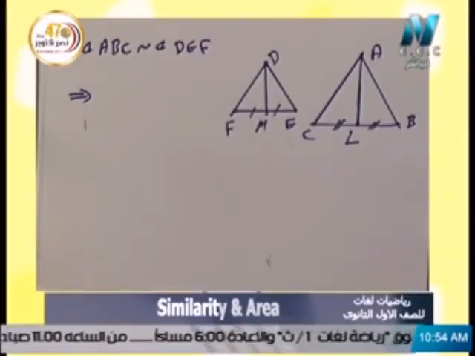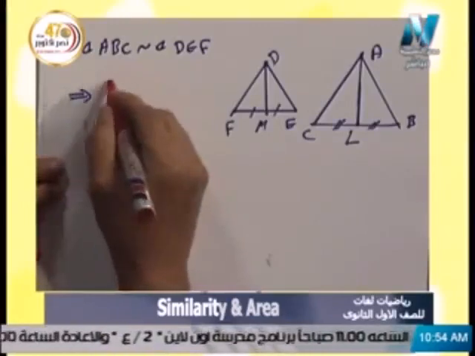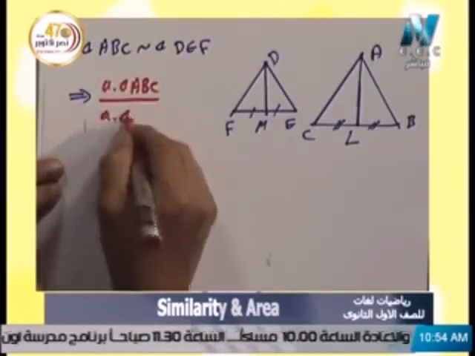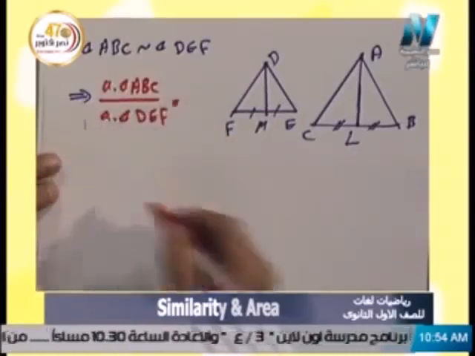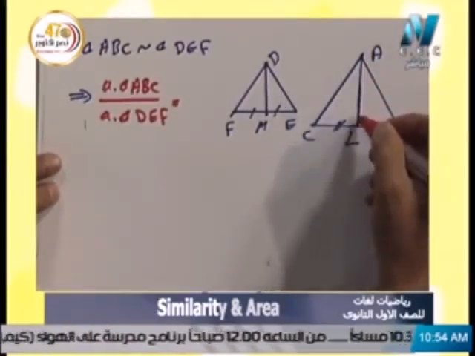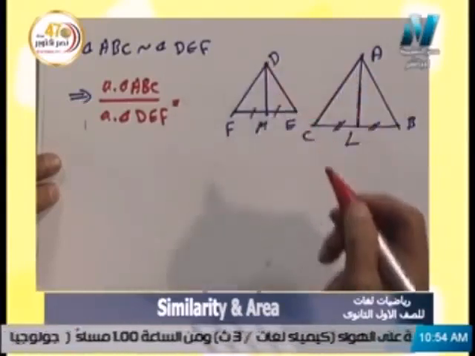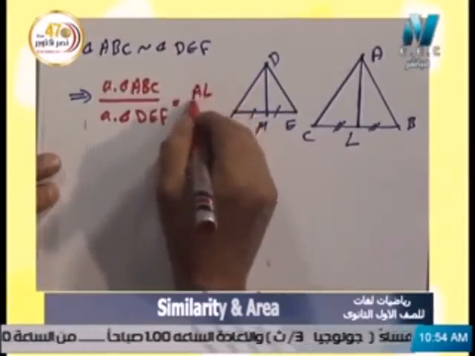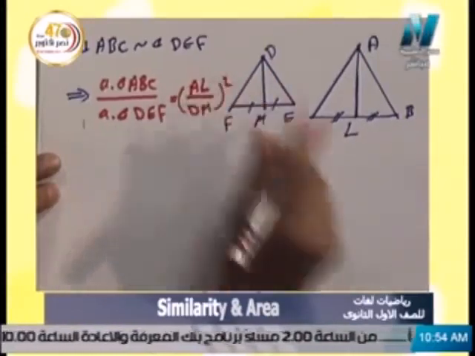So now we will deduce that the area of triangle ABC over the area of triangle DEF equals the median AL to the power 2 over the median DM to the power 2 also. And we can say that it's equal AL over DM all power 2.